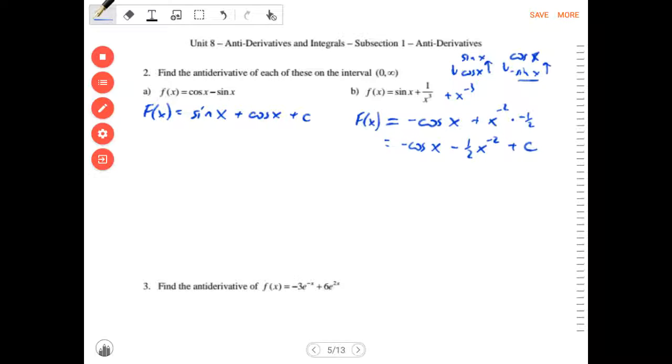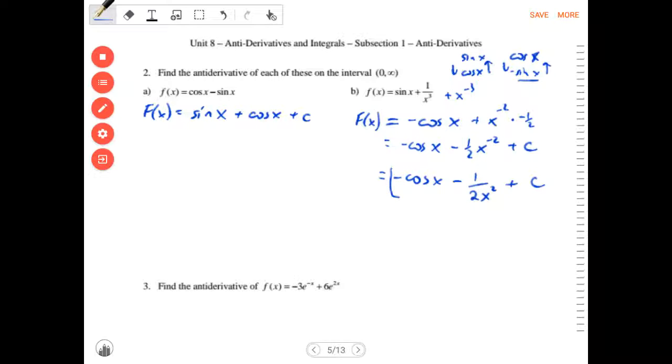Of course, we don't want to leave the x to the negative 2 there, so that's just negative cos x minus 1 over 2x squared plus c. And there you have it.